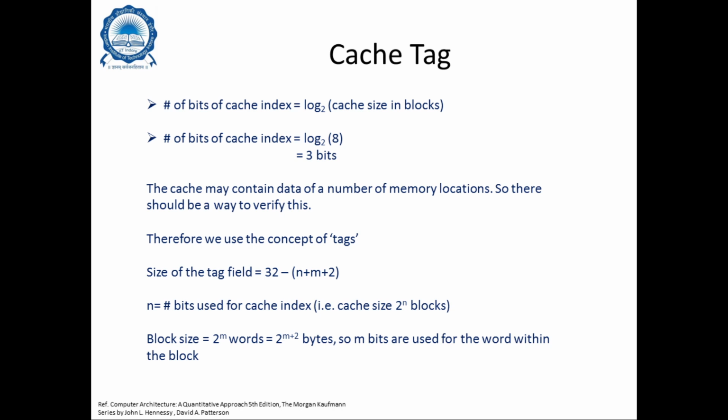The block size is given by 2 to the power m words, which is equal to 2 to the power m plus 2 bytes. So m bits are used for the word within the block, since a block could be a single word or it could be a multi-word cache. We will see the architecture of both today. Therefore we have 32 minus (n plus m plus 2).